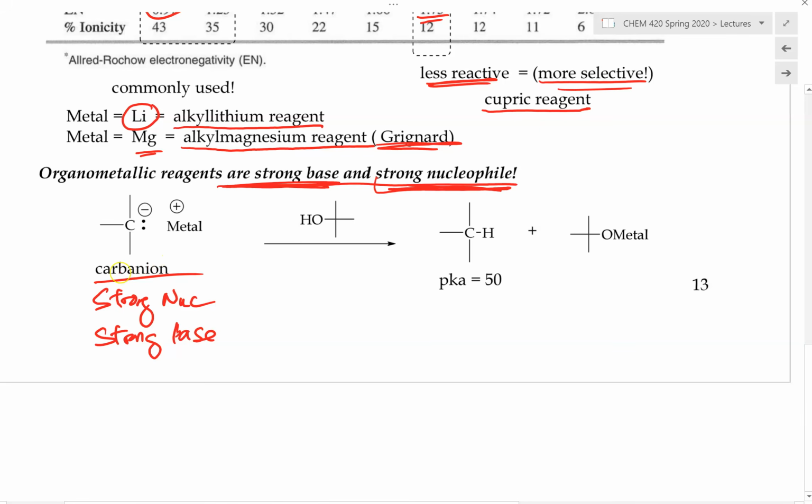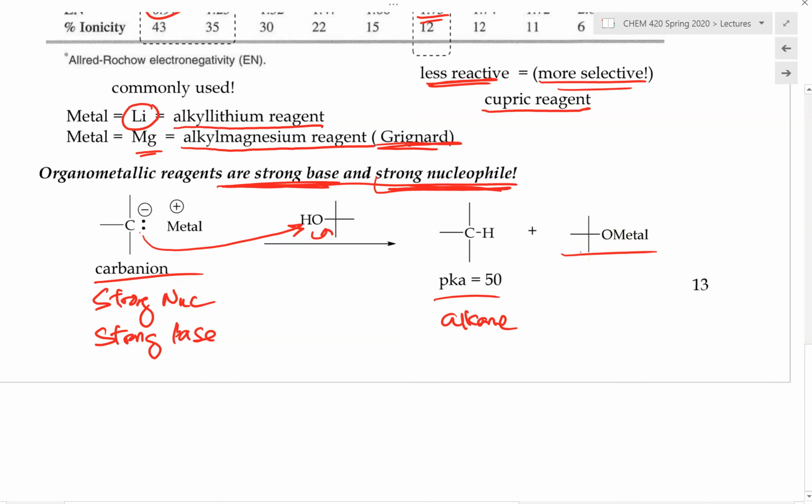If we take our organometallic reagent and treat it with an alcohol, then the organometallic reagent, or the carbanion, will come in and pick up the proton from the alcohol to convert this into the corresponding alkane and produce our metal alkoxide.